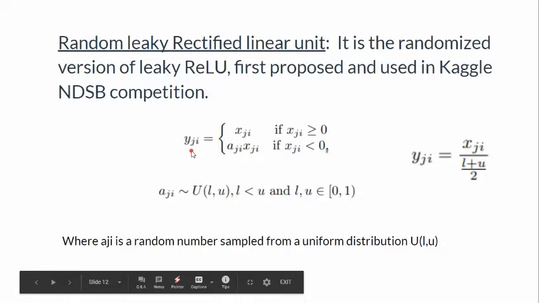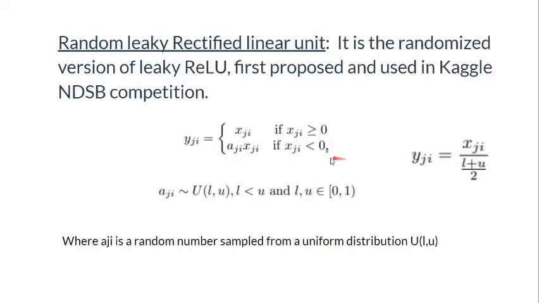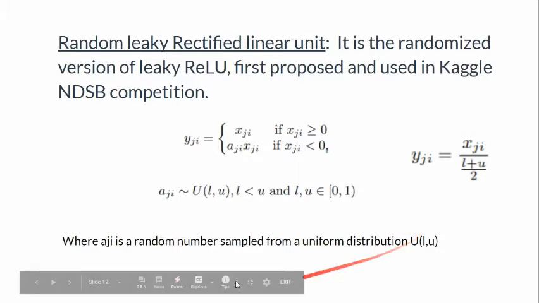The output when xji is less than 0 becomes alpha ji xji, and the output can be given with this equation, where alpha ji is a random number sampled from a uniform distribution U.